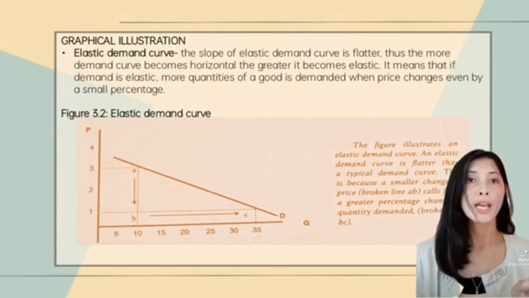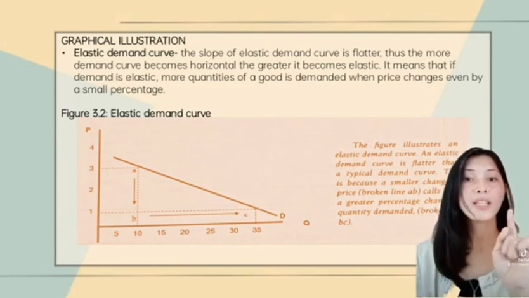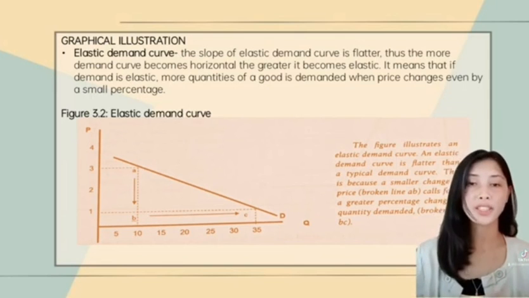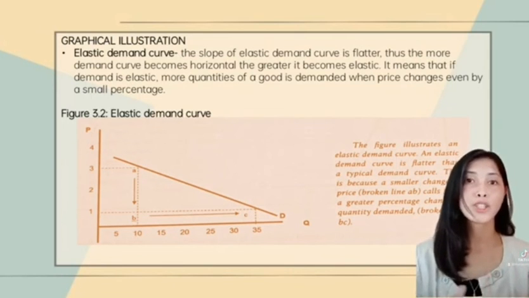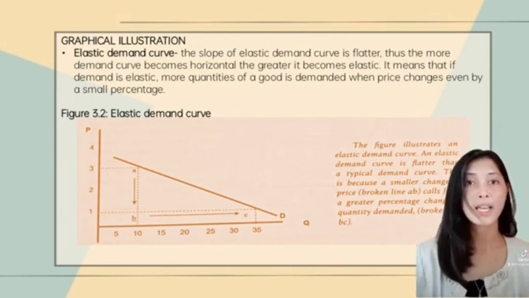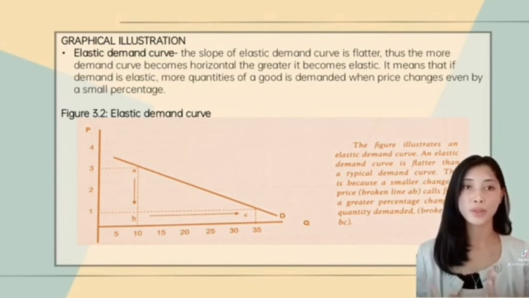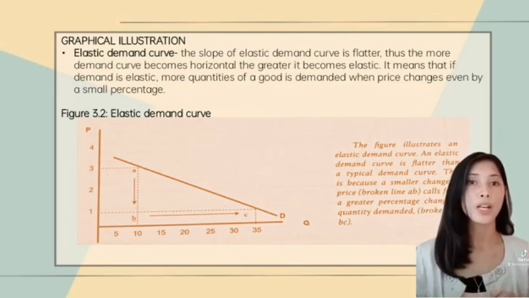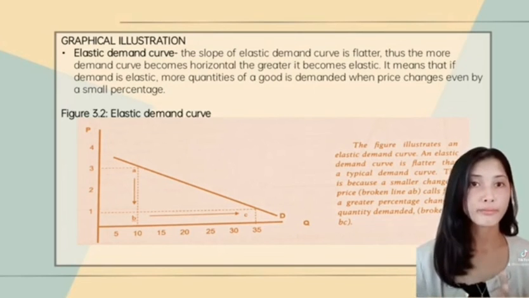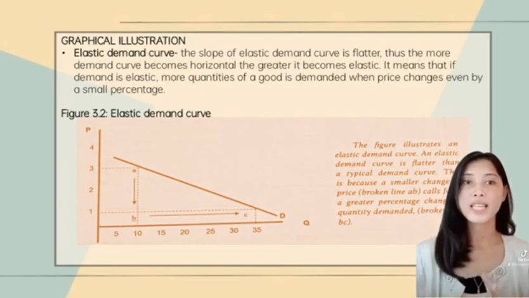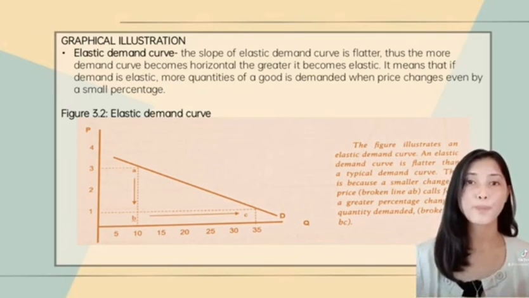The broken line A to B is shorter than the broken line B to C. So this means that if demand is elastic, more quantities of a good are demanded when the price changes, even by a smaller percentage. In this case, we can say that consumers respond greatly to a small change in price.